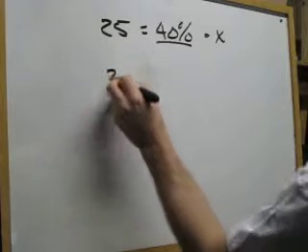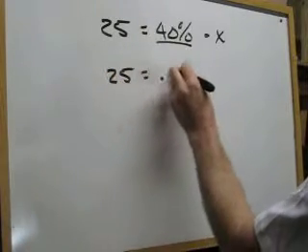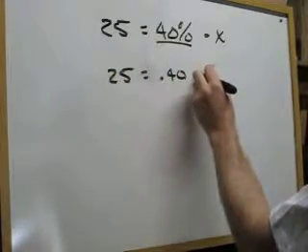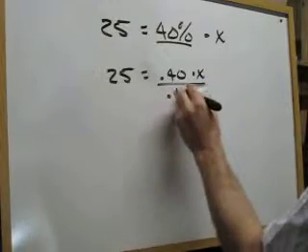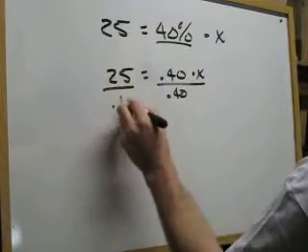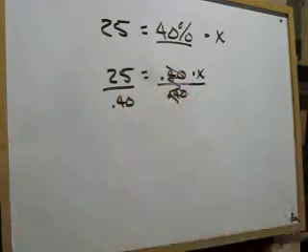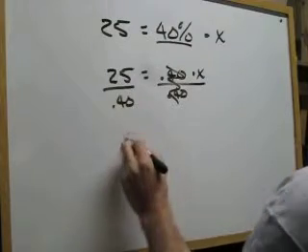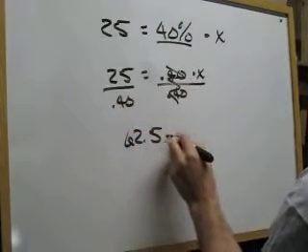Again, change that to a decimal, times X, divide, 25 divided by 40, or 0.4, is 62.5.